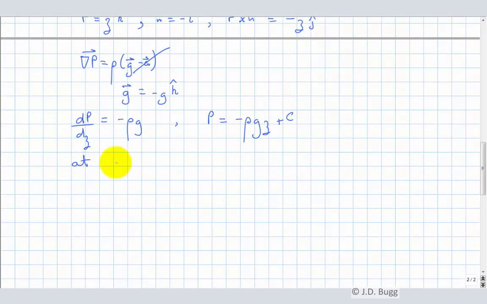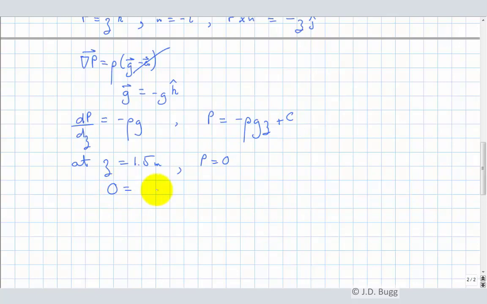So we say at z equal 1.5 meters, pressure equals 0. So we take this and substitute it in there and solve for c.